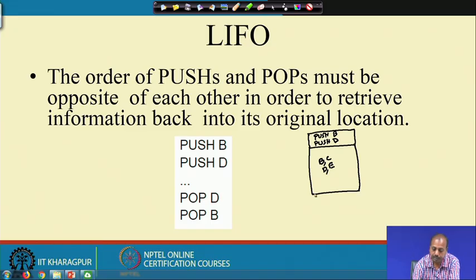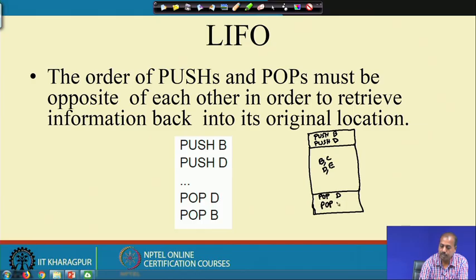Now, at the end, what is required is that we have to retrieve the content of these four registers B, C, D, E. How do we do that? By means of the pop instructions, and this popping has to be done in the reverse direction. So that is pop D and pop B.